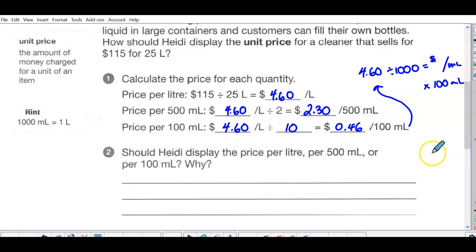So should Heidi display the price per liter, per 500, or per 100? Really, any answer is appropriate. Probably most people would buy a liter, but you kind of want to show what looks cheaper, right?